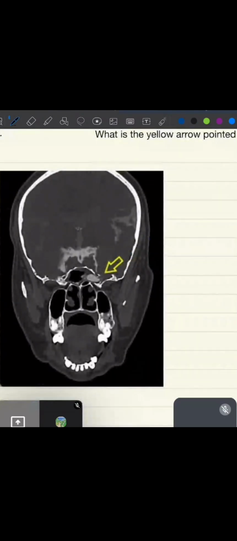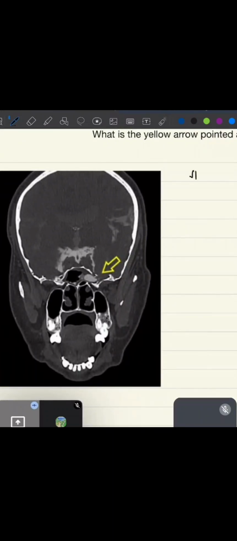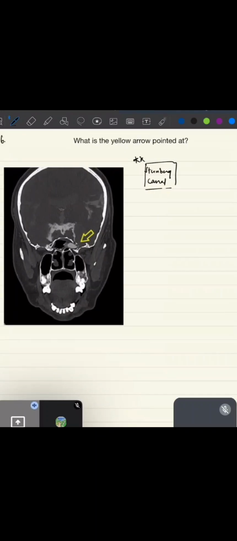So this is basically a canal by the name of Sternberg Canal. This is important. Sternberg Canal is important. They will ask you what it is. They might also ask how it is formed.